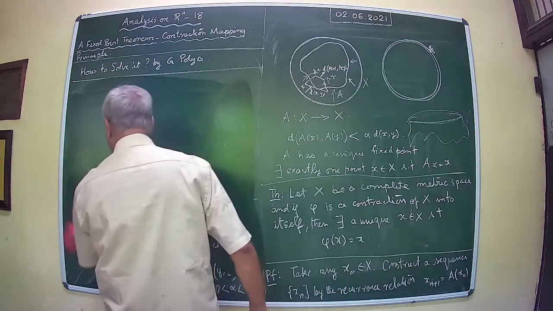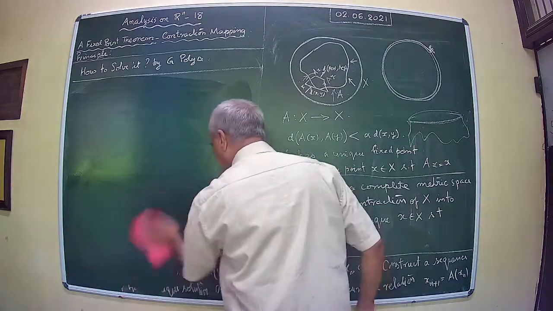Now we first prove that xn is a Cauchy sequence.